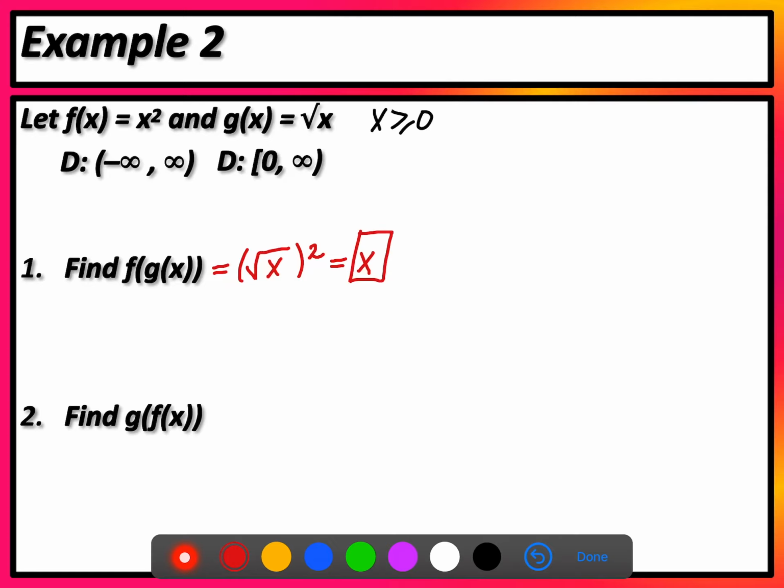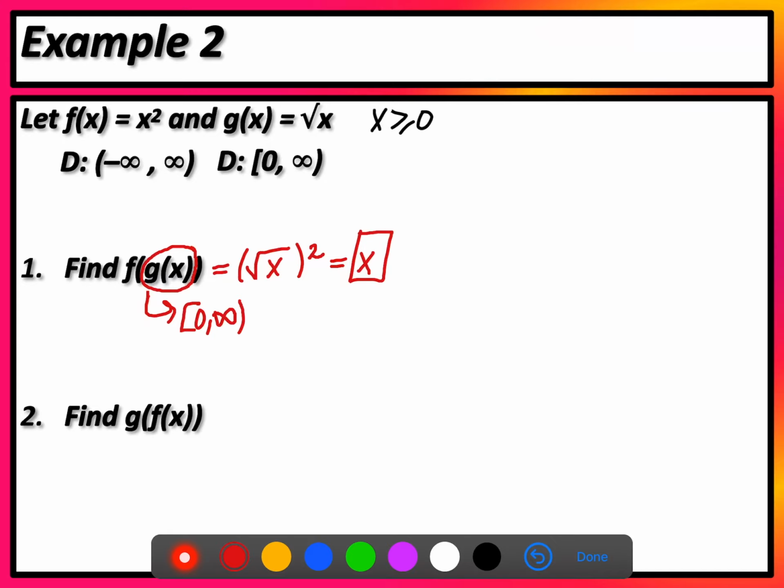Okay, so the new function, x, is just linear, which wouldn't have any restrictions to the domain. But remember, we have to take into account the domain of the one that was substituted in, which was 0 to infinity.